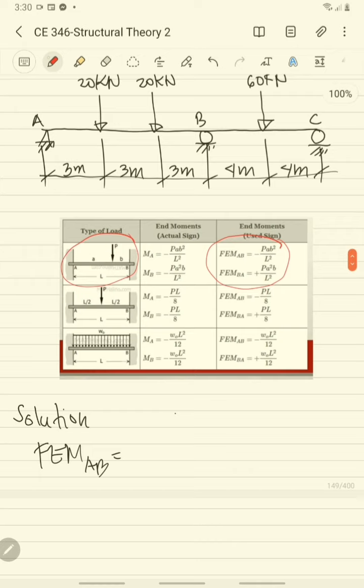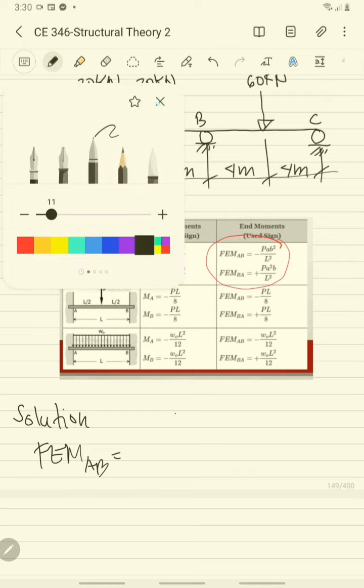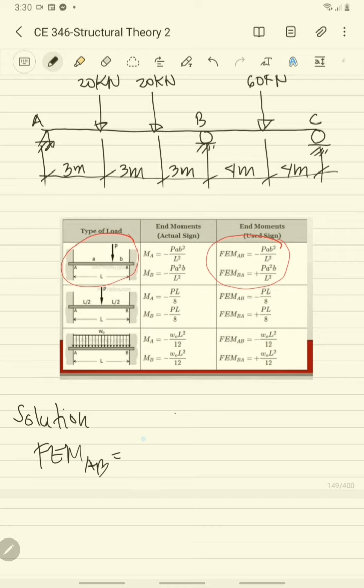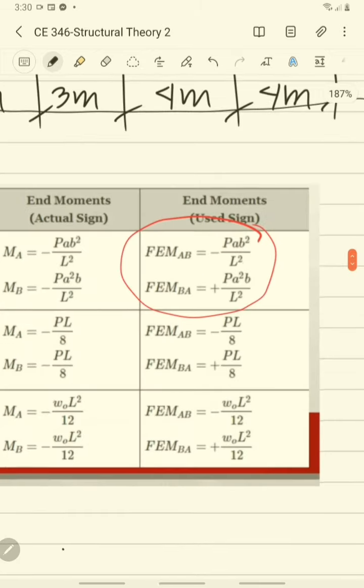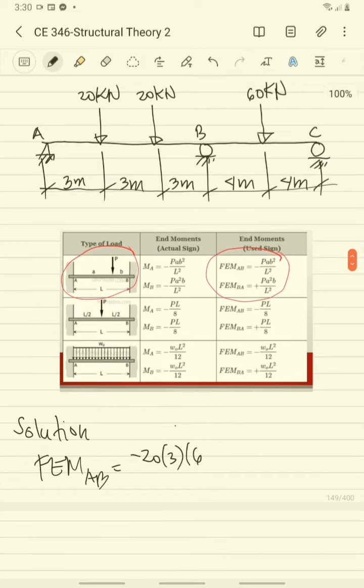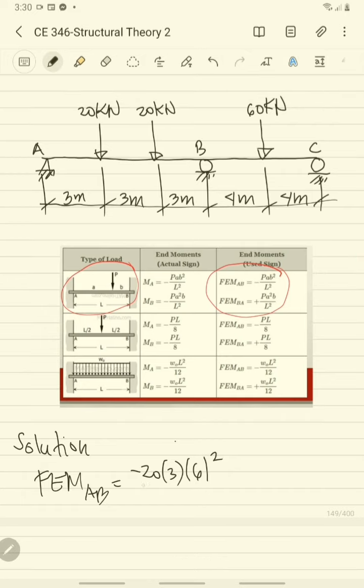So we have here the fixed end moment AB, that is equal to, for the first concentrated load, negative 20 times 3 times 6 squared, divided by the whole span for segment AB, which is 9 squared. Then for the other concentrated load, we have negative 20, but here the a is already 6 meters and the b is equal to 3.